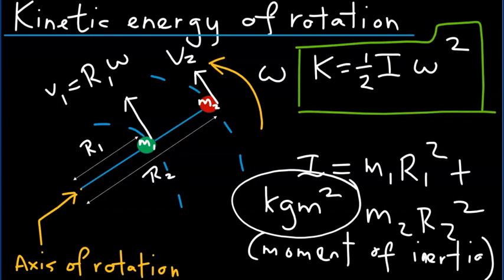In short, for a rotating system, if we know what the moment of inertia is and what its angular velocity is, we can compute its kinetic energy of rotation. Just like for a linear system, if we know what a mass is and what its linear velocity is, we can compute the system's linear kinetic energy.